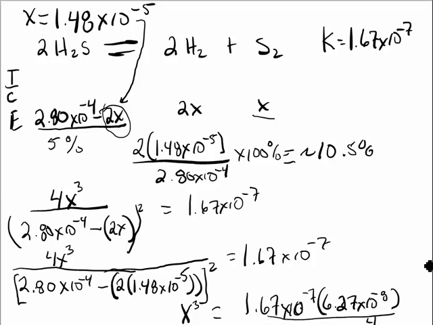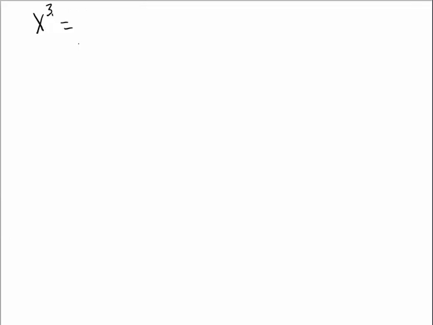And so I take the cube root of that, and that's my new x. So I did that, and I didn't copy on what that whole thing was there. But I take the cube root, and my new x turns out to be equal to 1.378 times 10 to the minus fifth.